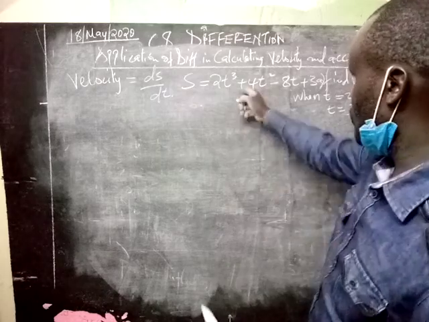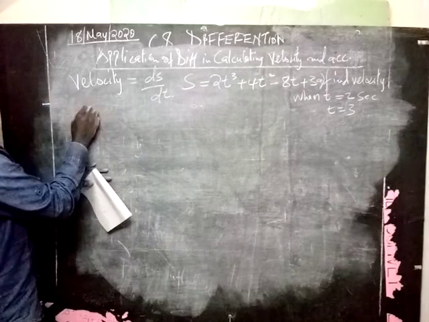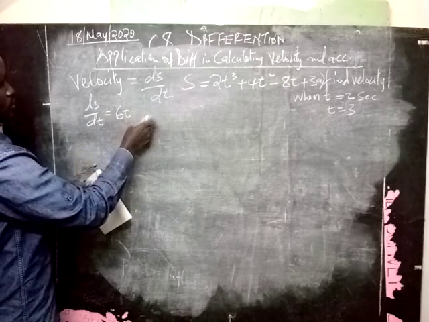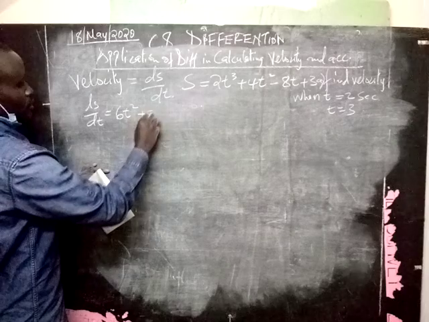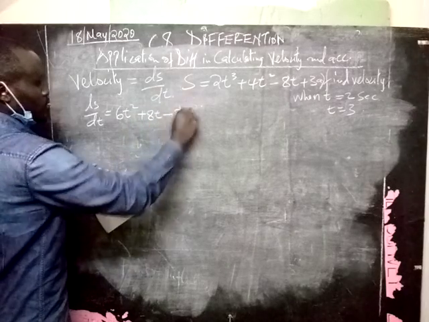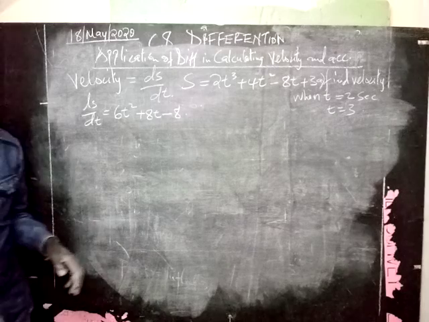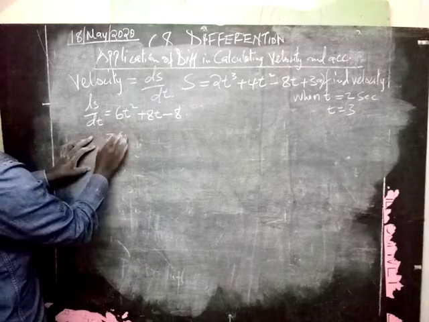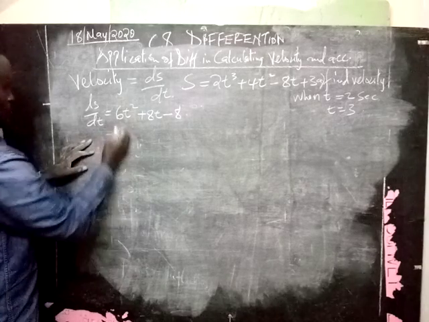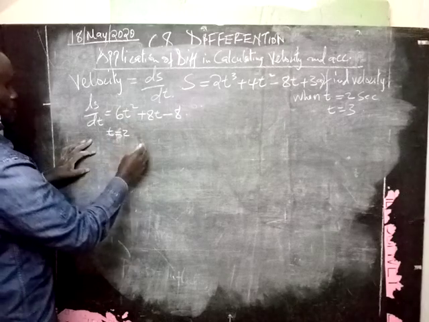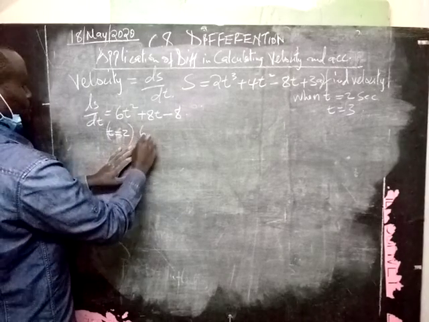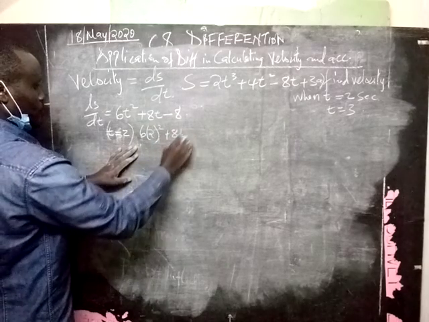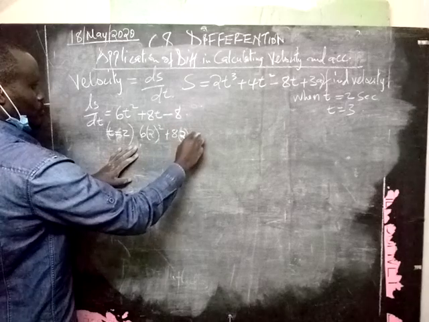So what we're going to do here is to differentiate this. So we are going to say ds over dt equals 6t squared plus 8t minus 8. So when time is 2, we say 6 times 2 squared plus 8 times 2 minus 8.